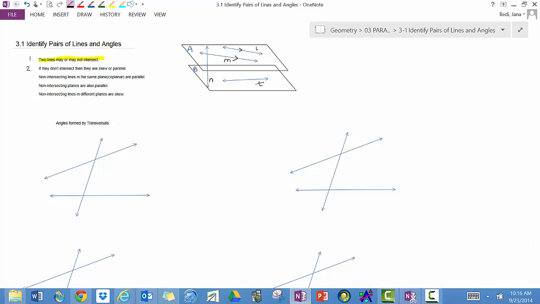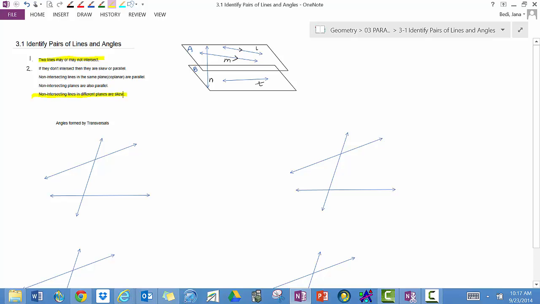Similarly, lines T and L also lie in parallel planes. They will never intersect. So these lines are called skew lines. T and M are skew. T and L are also skew. And this is what we are talking about here.